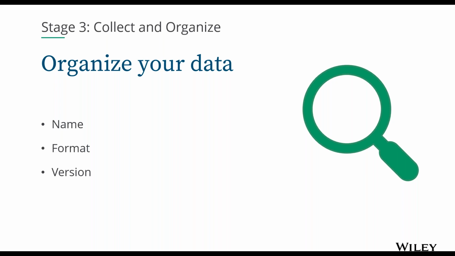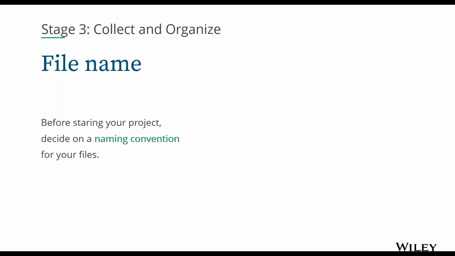You might have a file that you started in 2021, and then 10 years later, someone else is working on the exact same project, the exact same experiment, and they're collecting a new set of data, and it's a different version. And so that's really important to consider when it comes to organizing your data, so that it's easier to find it later.